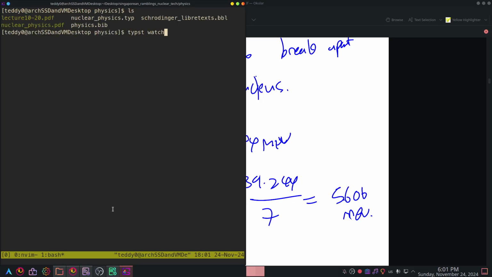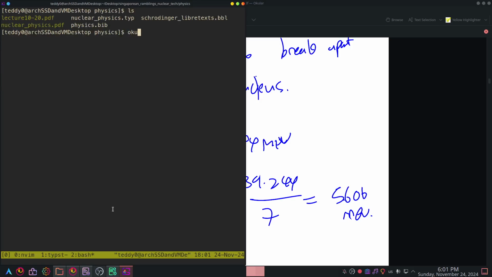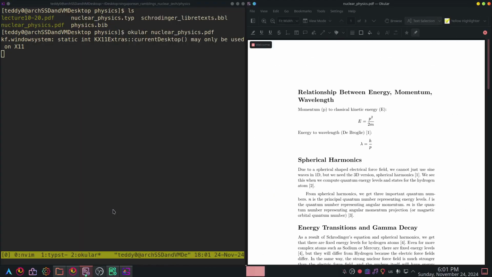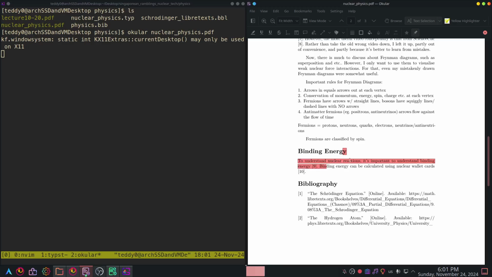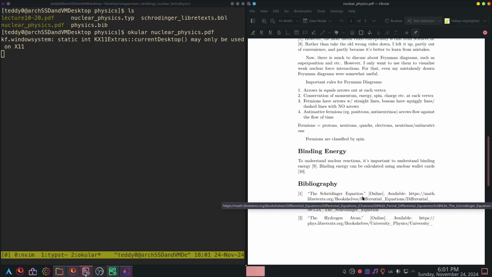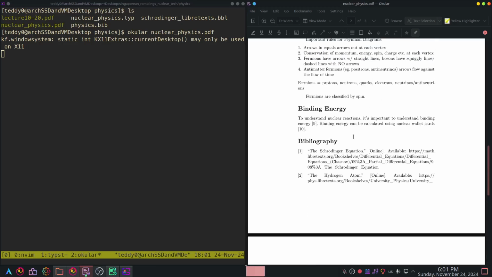Let's check that it renders correctly. Okay, I did it correctly, and of course you don't need to use Vim or anything to do this. I'm just leaving the description for you. Now these nuclear wallet cards are here: J.K. Tuli and others, Nuclear Wallet Cards, Brookhaven National Laboratory. I'll put a citation here so you can go and find it in your own time.